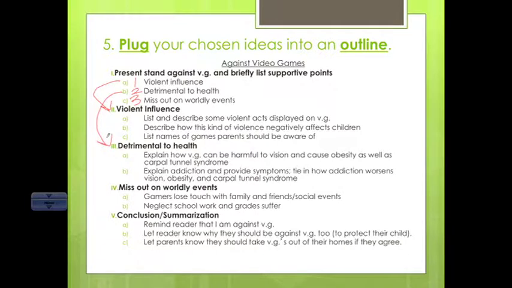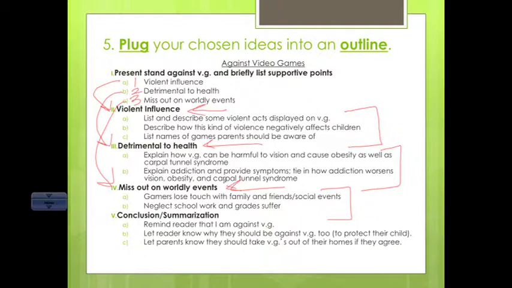Our number two is over here, detrimental to health, and I'm just bringing this down to number three like so. Then this information here corresponds to and supports that information, as well as this supports this information here, and that supports that. That's how to do an outline.